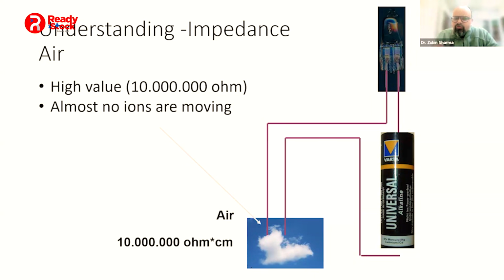That's where we want to understand the basic concept. Current cannot flow in the air, otherwise we would all be getting shocks here and there. So when it's not flowing in the air, that means the air is resisting it. So the air has very high impedance, resisting the flow of the ions. Okay, so air has a high value of impedance.